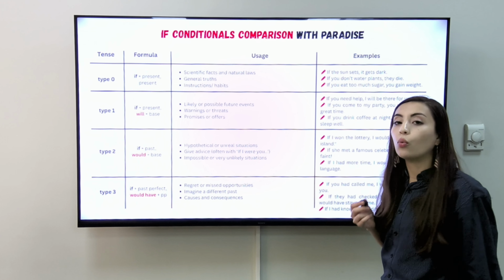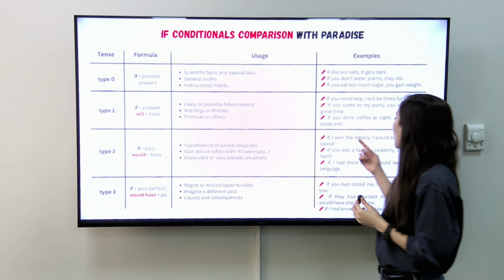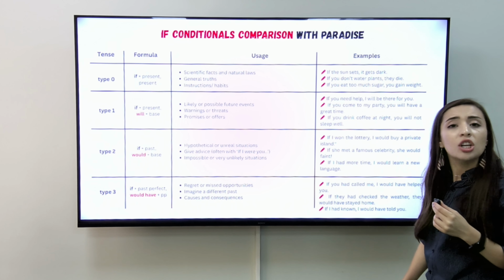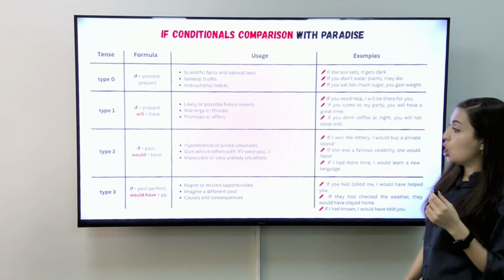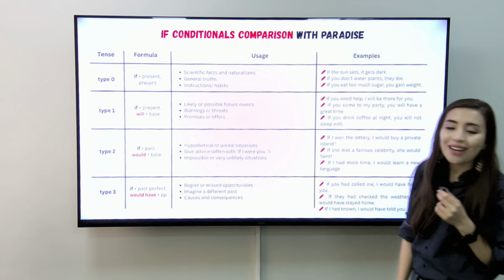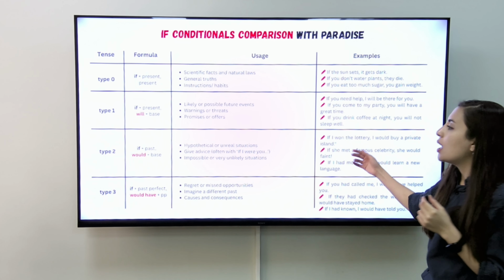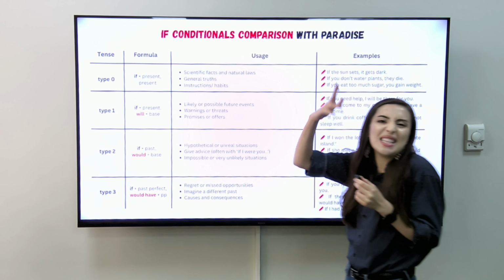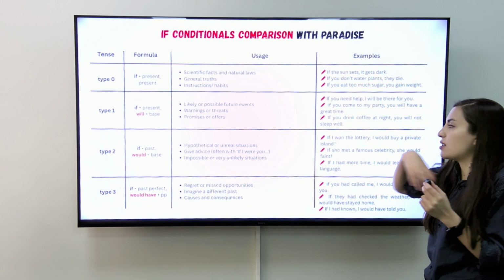If plus past, would plus base. If I won the lottery, I would buy a private island. Do I have a private island? No. Did I win the lottery? No. They are both hypothetical. I am having them just as a perfect vision in my mind, but it's not real. I mean, it's my fantasy.